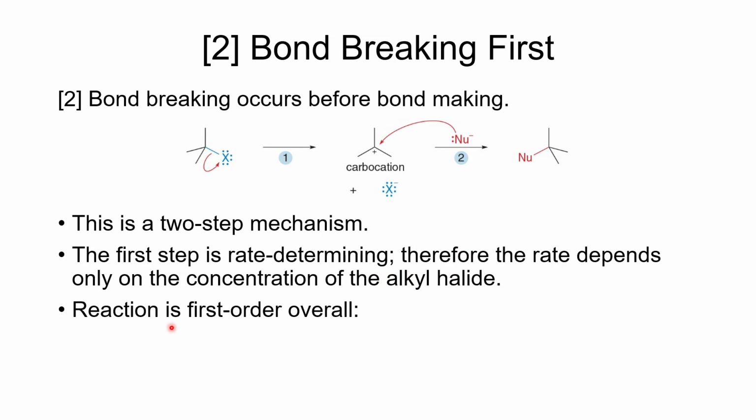We will find that the reaction is first order overall because the rate of the reaction only depends on the concentration of the reactants involved in the rate determining step. And that first step is rate determining. Only the alkyl halide is there. So the rate is going to be equal to k times the concentration of the alkyl halide. All right, so that is the situation where we break the bond first.